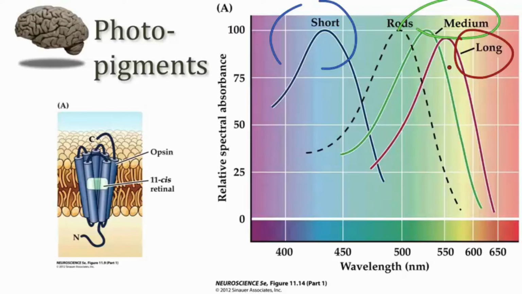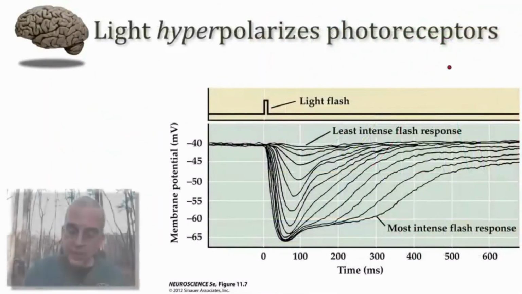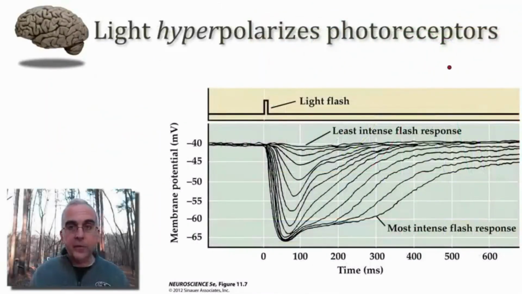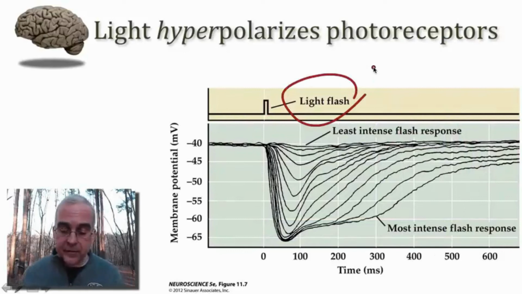Well, let's see what happens when light interacts with this photopigment. Here we have a recording of membrane potential from a photoreceptor, and the experiment is to provide a very brief flash of light. And what we can find is that there is a graded response with the intensity of that flash of light. But notice the polarity of the response.